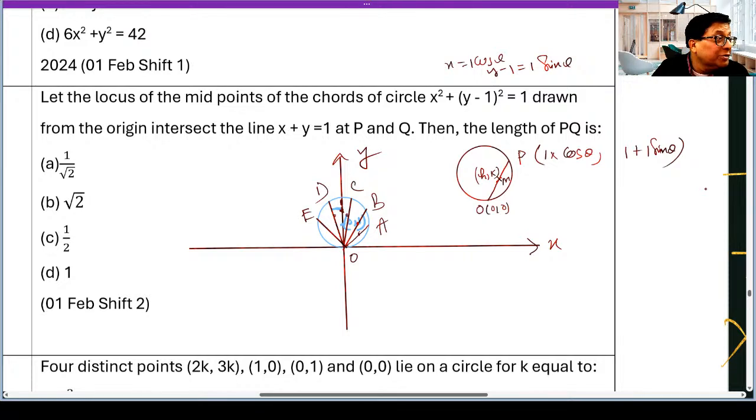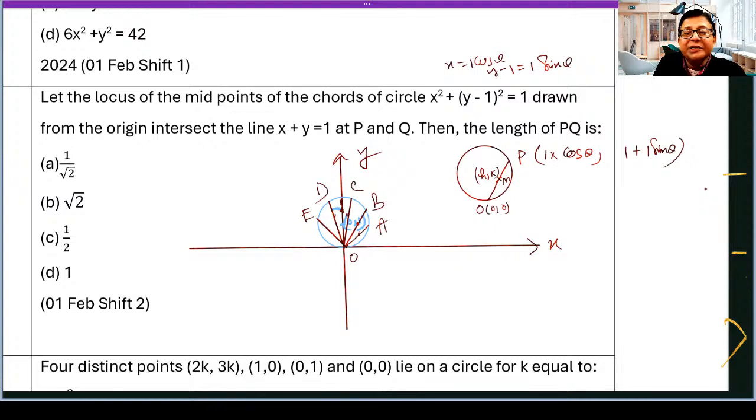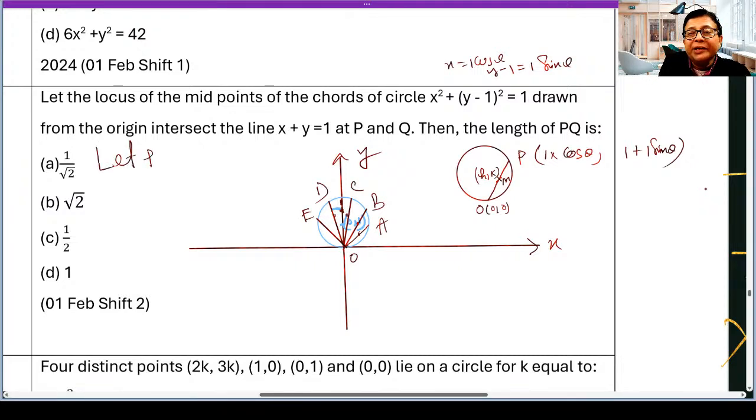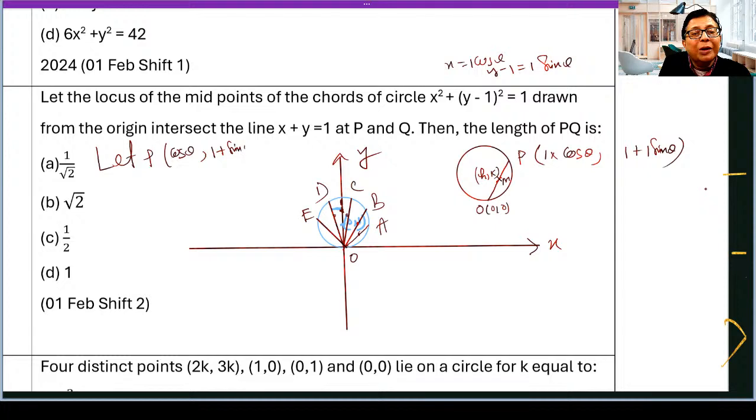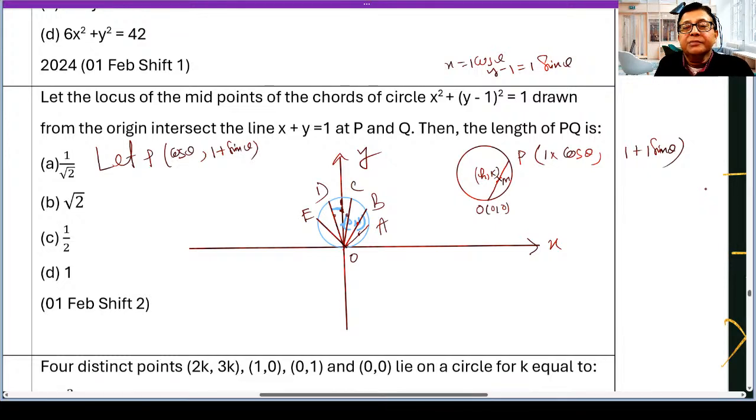I can take any point on the circle like that. Do it with me, I am going very slow. So take the chord at an arbitrary position OP, where P is this. Let P be cos theta, comma 1 plus sin theta.